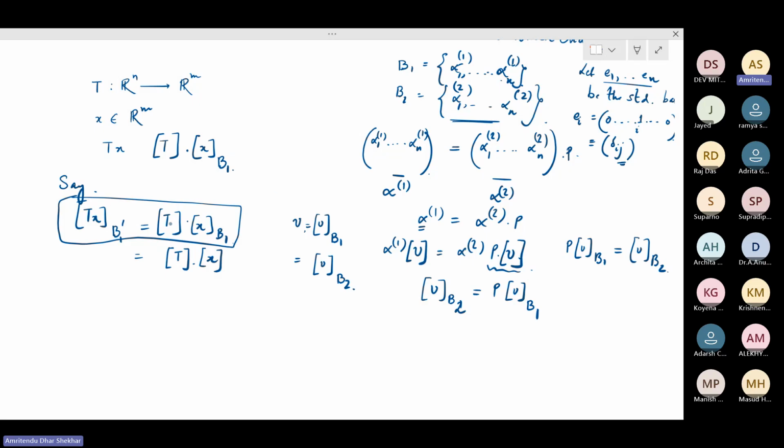So this is going to be an M cross N matrix. Let me write it down. This T is an M cross N matrix. Yeah, it's an M cross N matrix.